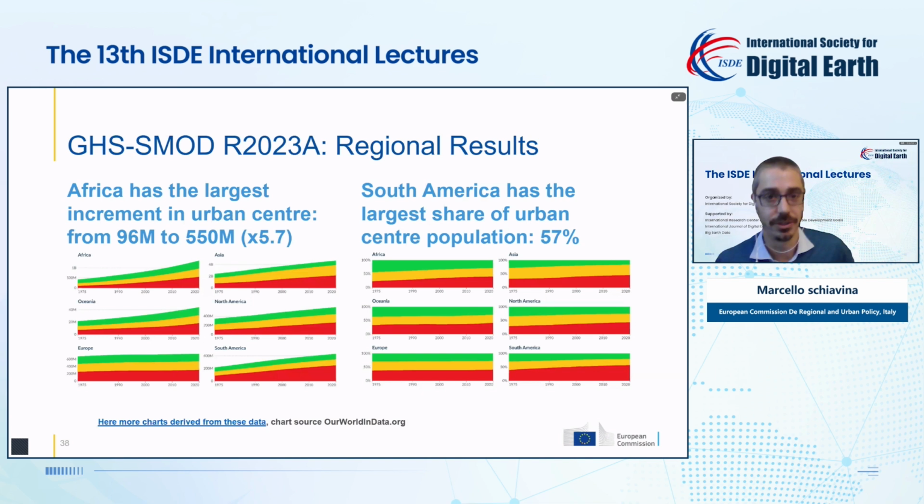In fact, when looking at the actual population distribution and settlement classification, these regions show very small peri-urban areas surrounding the urban centers. Or on the contrary, Asia, where there is the lowest share of rural population, 16%, even if almost equal to the rural population of the rest of the world. But it has the highest share in the intermediate class, so 39%.